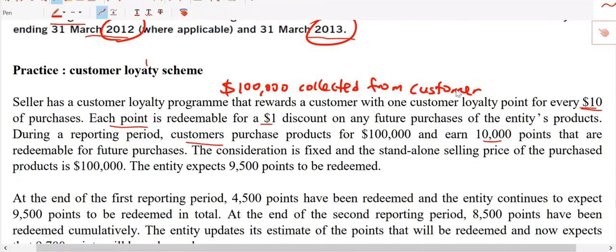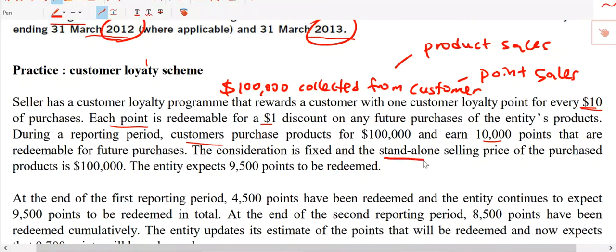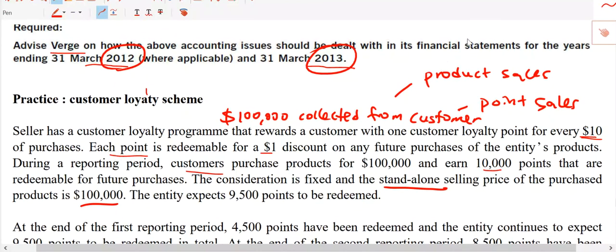All right, so we're going to break this into product sales and point sales. Break them into two. They say the standalone selling price for the product is 100,000, so assign this as 100,000.